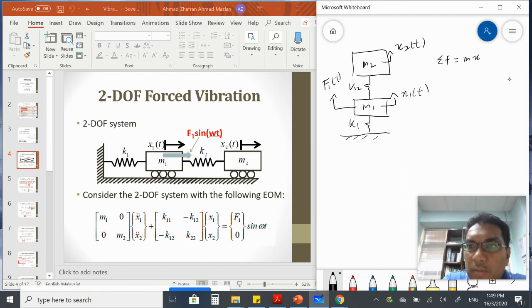The total F equals M A, or M X double dot. As usual, what you have to do is separate it into these two.